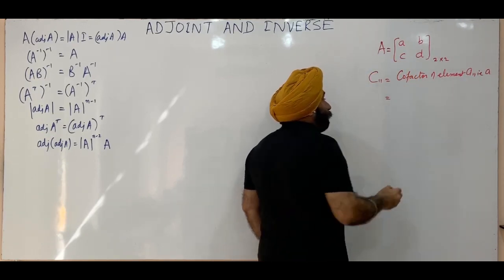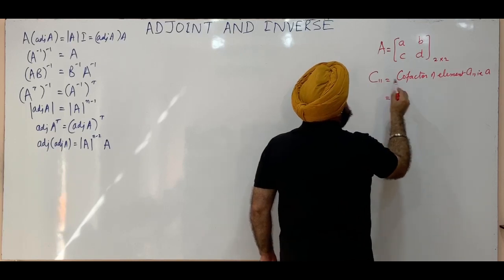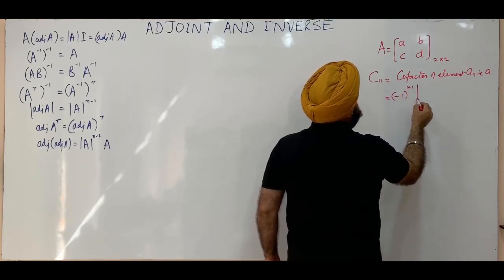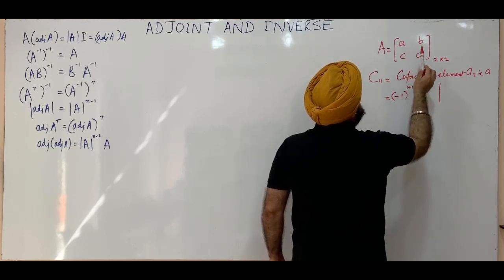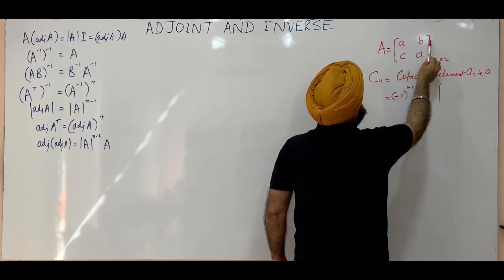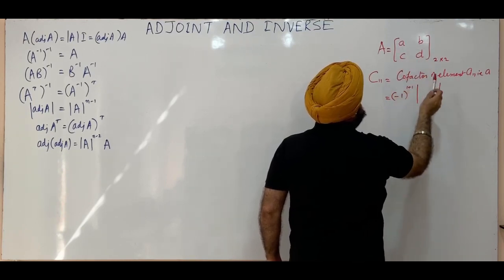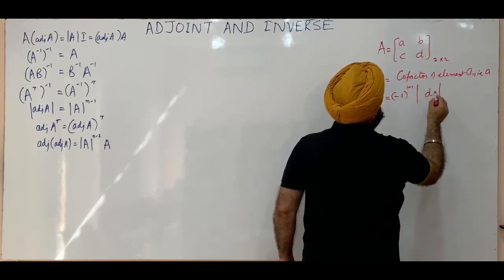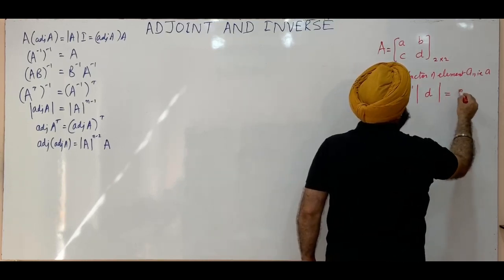And what is this equal to? This is equal to minus 1 raised to 1 plus 1 into the determinant of the minor. So for that we leave the row containing element a and the column containing element a. So that's d. The determinant of d is d. Minus 1 whole square is 1. So this is d.